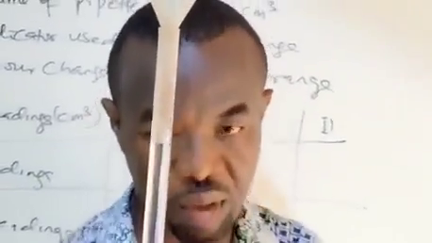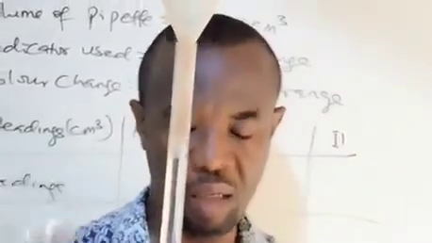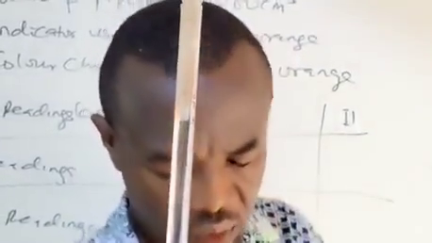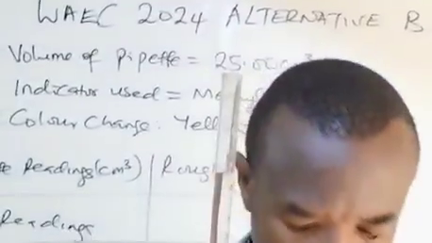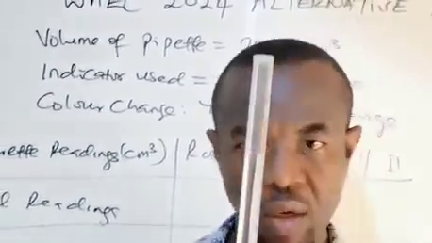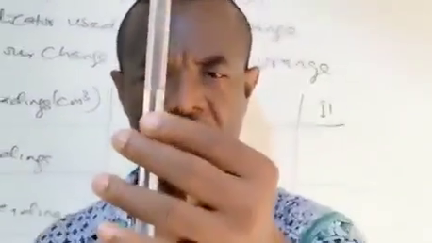I'll add until it's above 0. When it's above 0, I return the acid container, as you can see, under the burette. And then when I do that, I remove the funnel to avoid additional drops of the acid, and then adjust the acid until I start from 0.